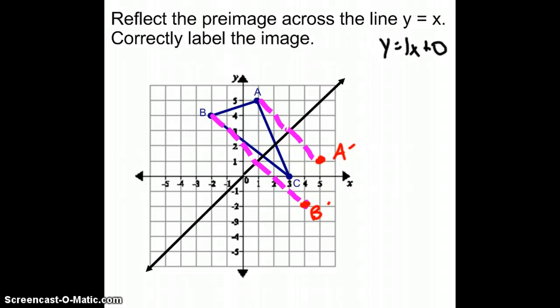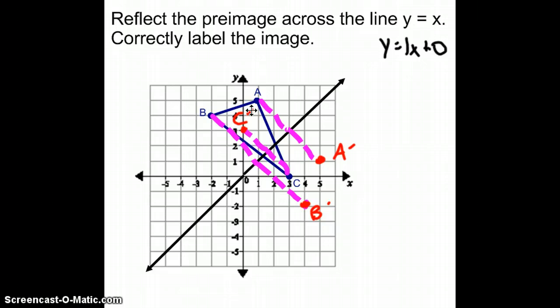Finally, C is on the opposite side, so again we're going to go up and to the left, and we're going to go 1.5 spaces away. And I'm going to draw the point C prime.